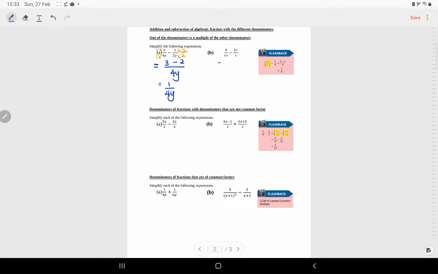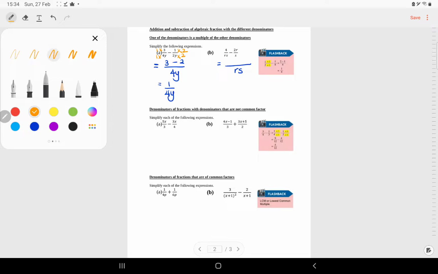Right, the next one, same thing. We have rs in the denominator and s. It is a multiple of each other because it's r times. So rs is basically r times s, so our common denominator can be rs.